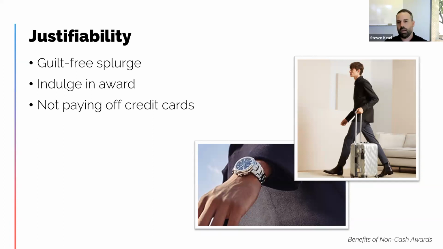So you could buy that designer watch that you've always wanted, a new pair of shoes. The goal here is that we want our participants to enjoy that award. We don't want them to just pay their bills with the award. So that guilt-free splurge really does go a long way. When you think back on the program and what you did to earn that award, you'll remember when you look at that new fancy watch that you got that from the sales incentive program.